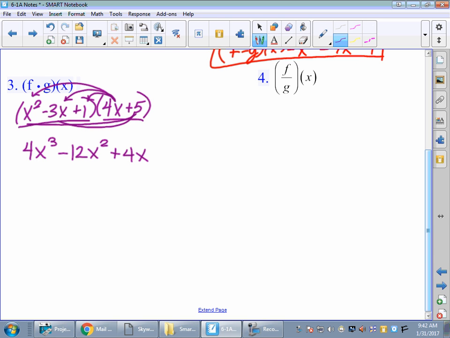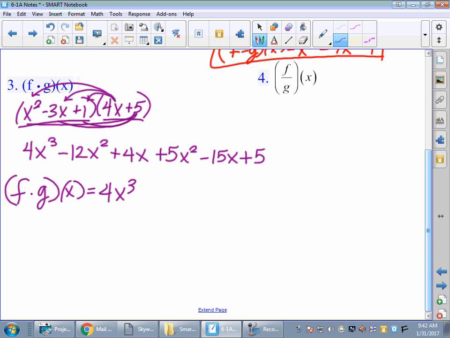I'm going to multiply the 5 by all three terms of the trinomial, and I end up with a positive 5x squared minus 15x plus 5. And so the product f times g of x is equal to 4x cubed, the negative 12x squared and the positive 5x squared make negative 7x squared. The positive 4x and negative 15x make negative 11x, and then the plus 5. So there's our product.